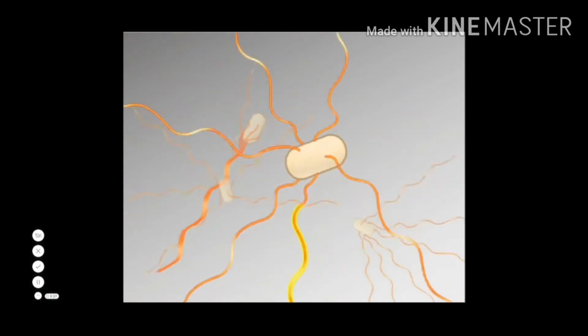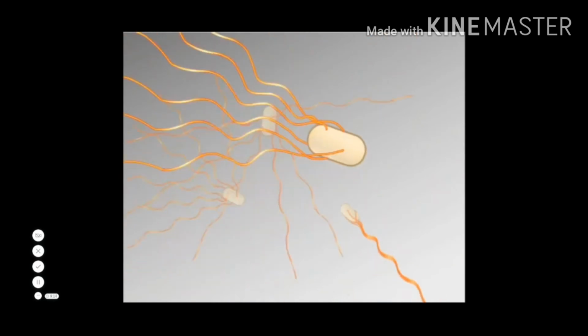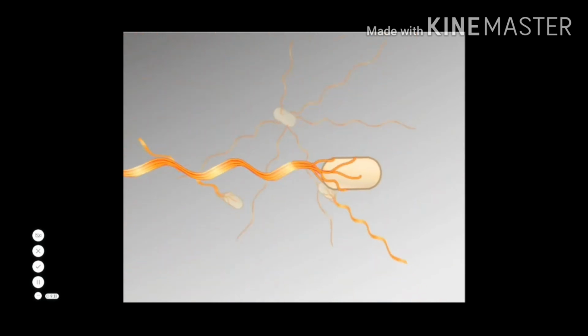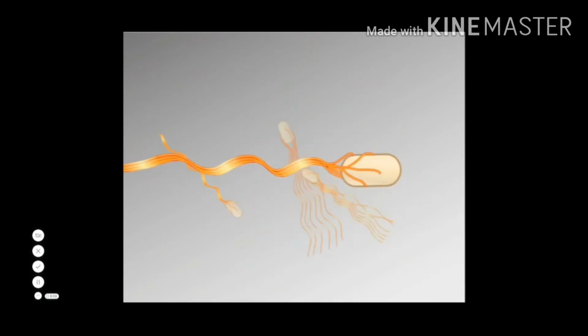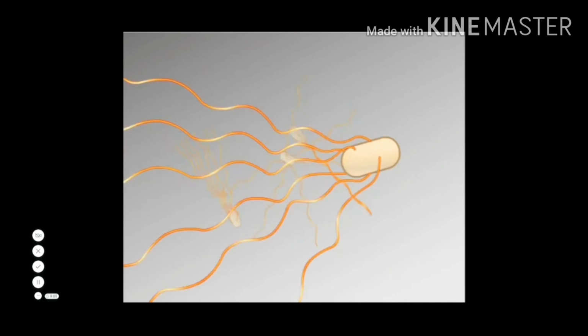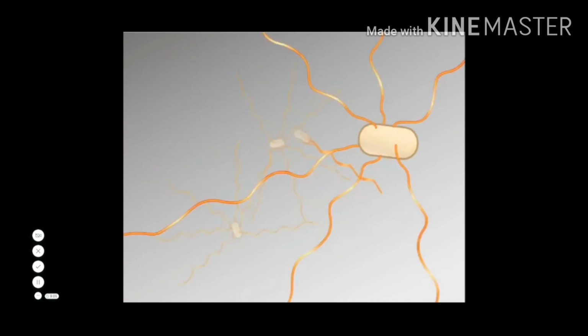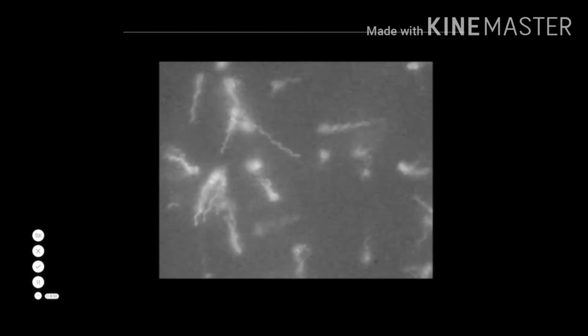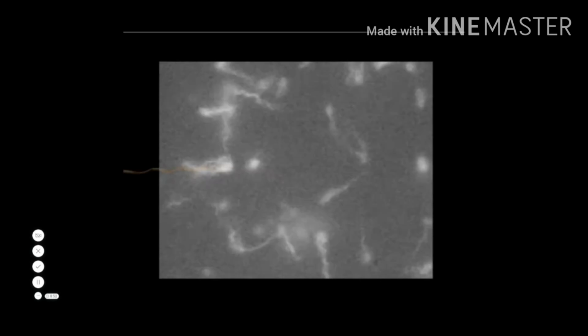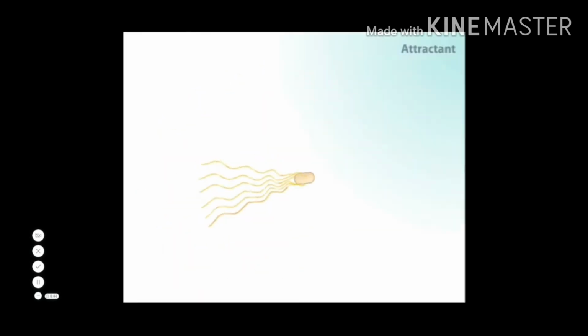In another example, if there is presence of toxin in the environment, then bacteria will sense the presence of this toxin and will move away from it as a response to the environmental signal. In both these cases, bacteria responds to the presence of nutrient or toxin by bringing about changes in its flagellar movements.